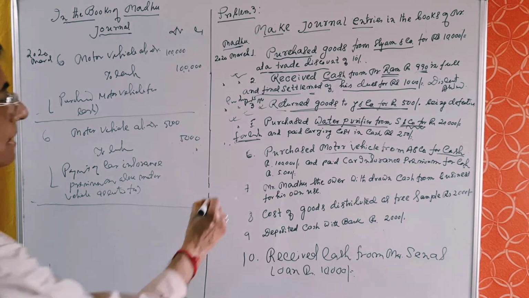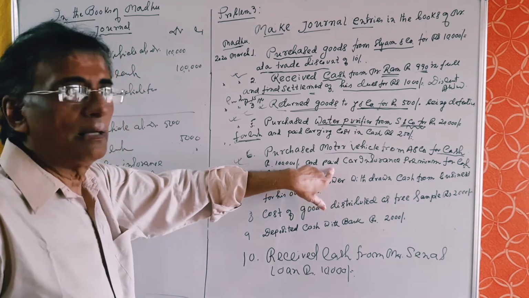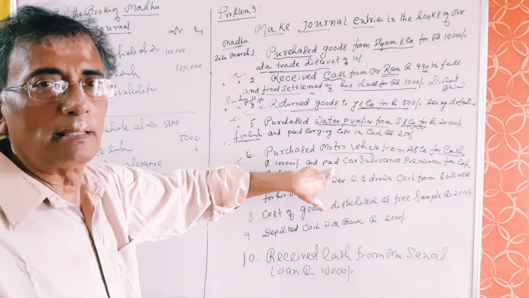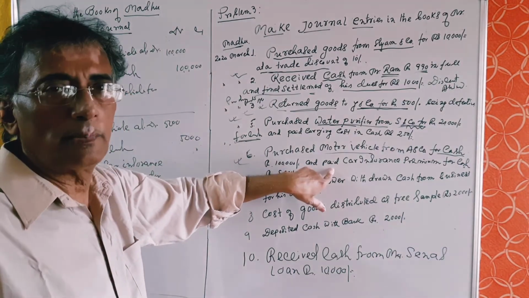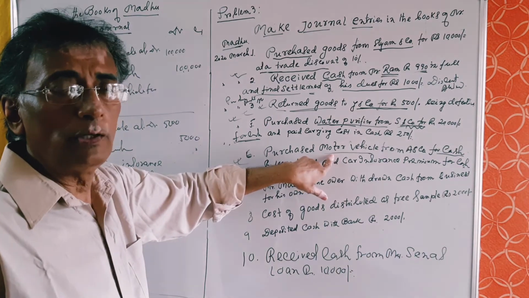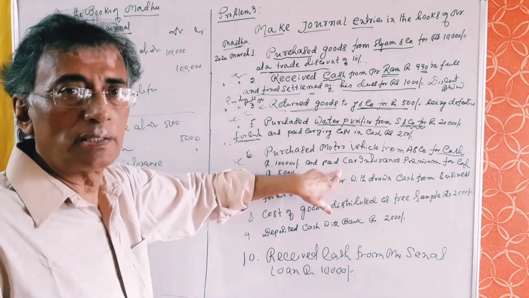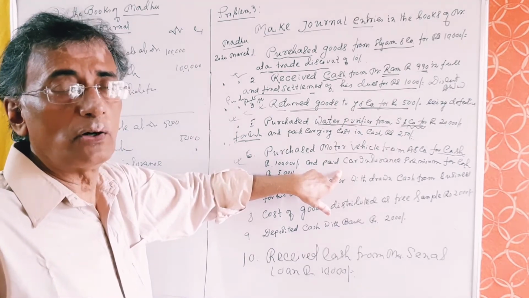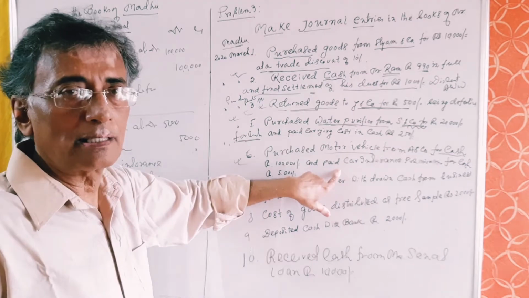Okay, is it clear? Car insurance premium is essentially revenue expenditure. Generally, we debit car insurance premium as per rules of nominal account. But here in this case, when we purchase a motor vehicle and pay car insurance premium to the insurance company before putting it on the road, it is to be capitalized. This is called capitalized expenditure.